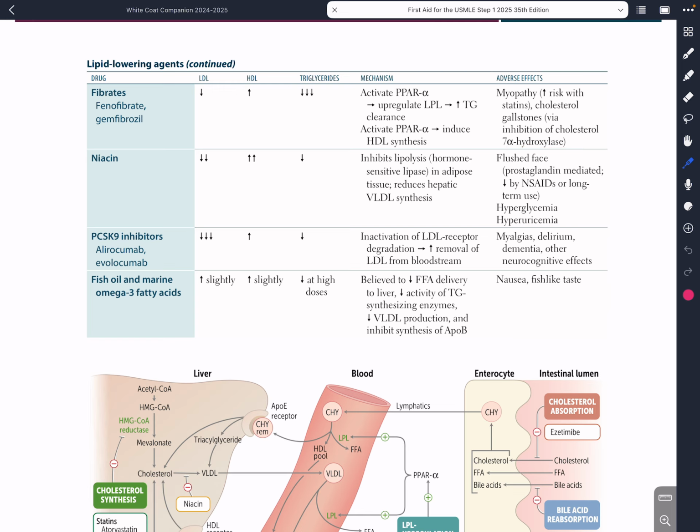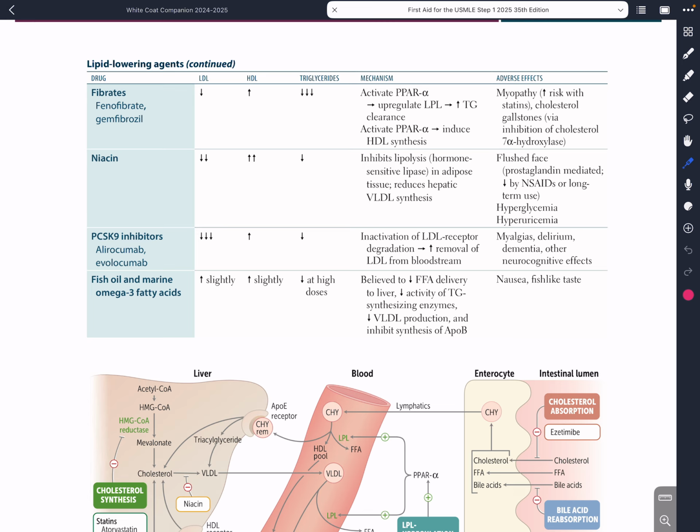Next lipid lowering agent is niacin. Niacin lowers LDL and increases HDL. Triglycerides are also lowered with the help of niacin. The mechanism of action of niacin is that it inhibits lipolysis, which is hormone sensitive lipase.